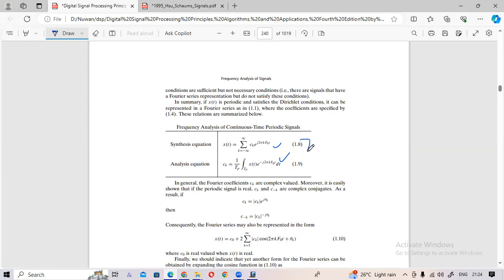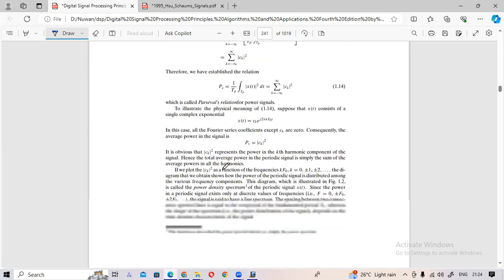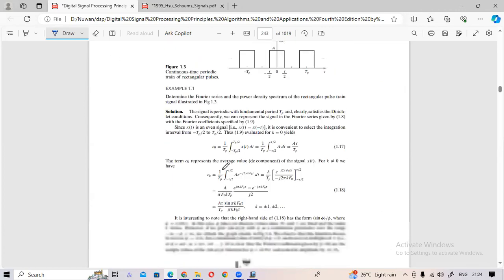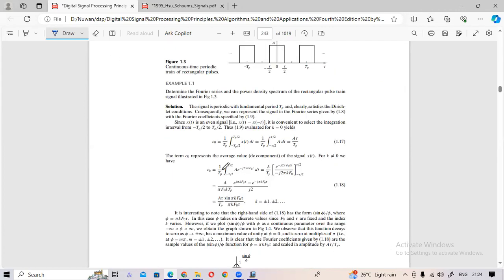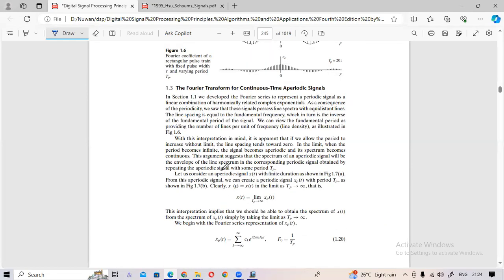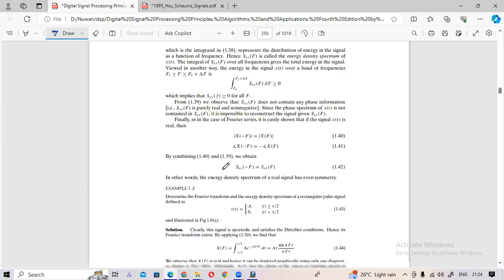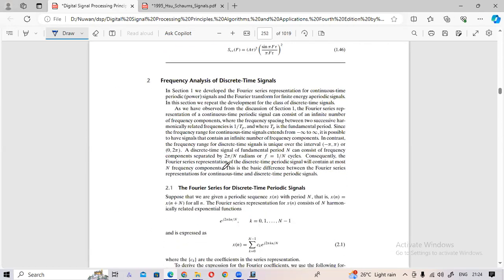For a discrete time signal, you need not use this one. These are actually continuous time signals, so you need not follow this one, but to have the basic idea, this is the frequency analysis of a discrete time signal.